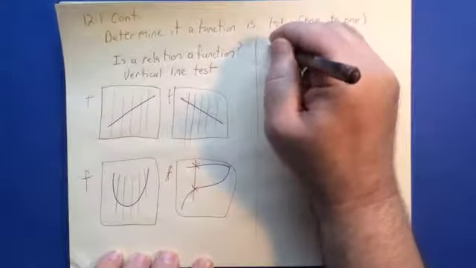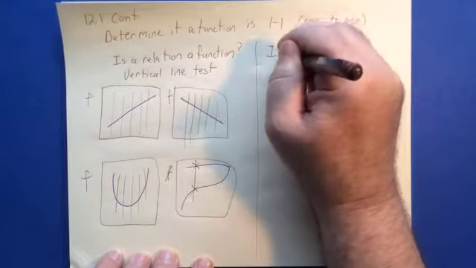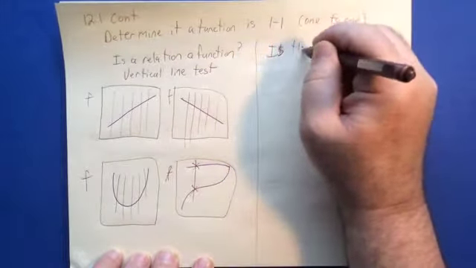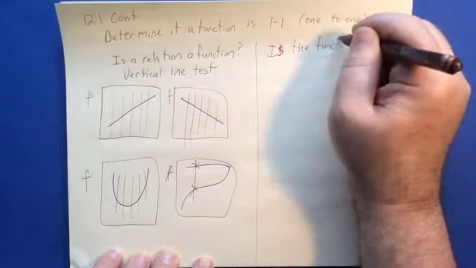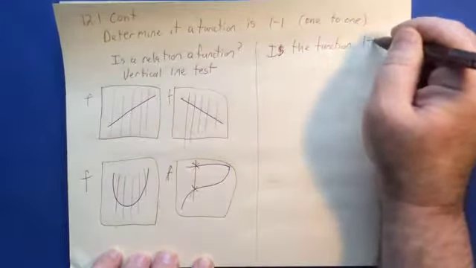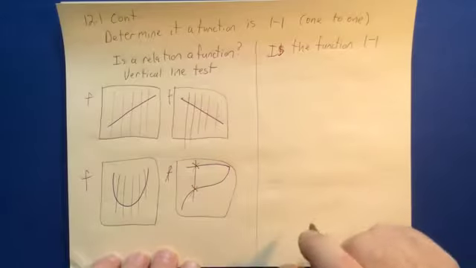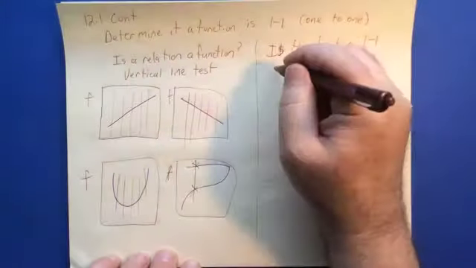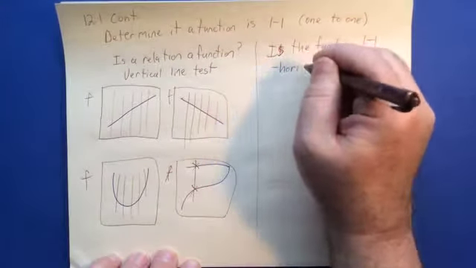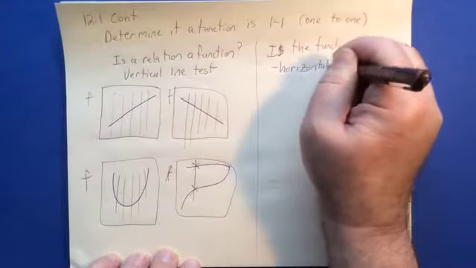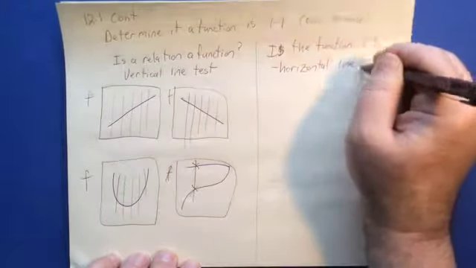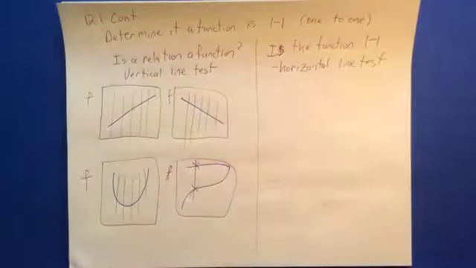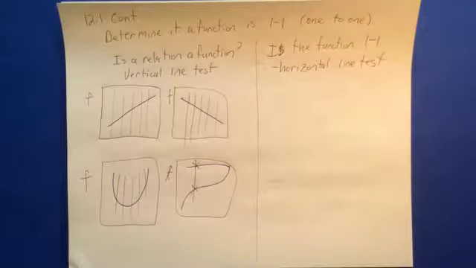The next thing you're going to be asked is whether the function is one-to-one. Now, to determine if a function is one-to-one, we have what's called a horizontal line test. What we mean by a function being one-to-one is that for every value of y, we have only one value of x.